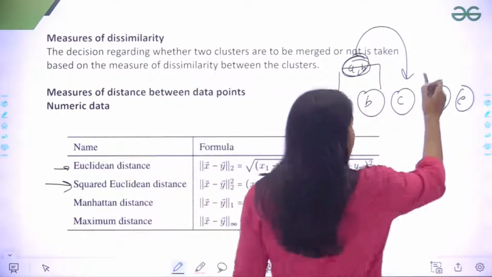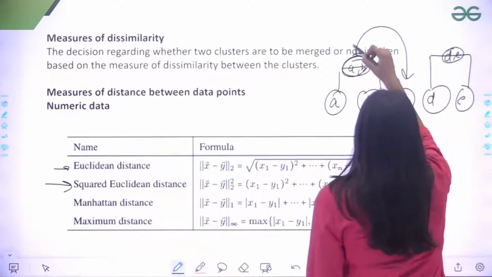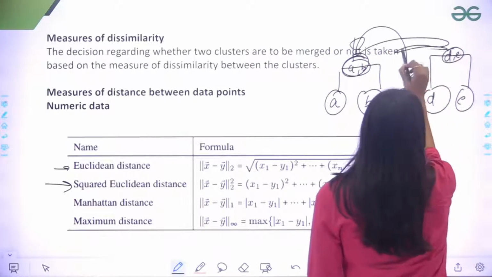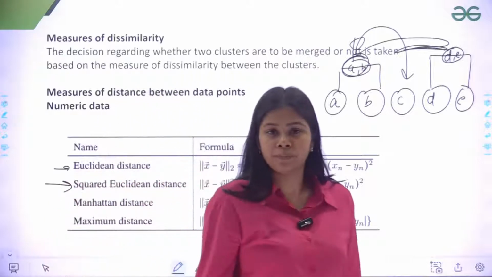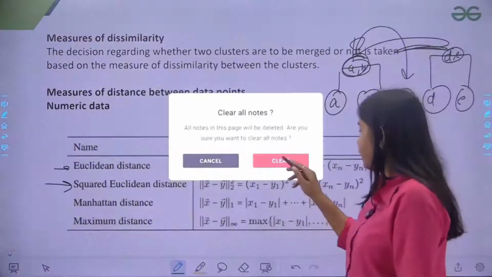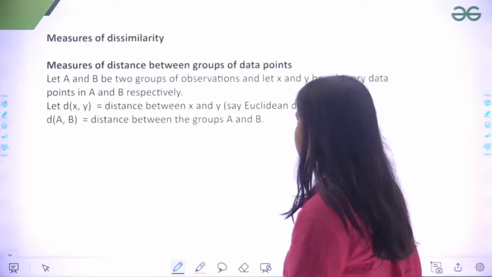And suppose I have also connected D comma E. How do I find the distance of A, B with D, E? That's why we have some definitions. We'll see the different measures of dissimilarity.